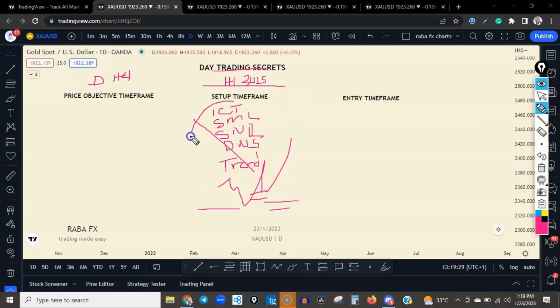Do not listen to what most SMC traders will be telling you, that trend line and support and resistance do not work. They do if you are in the right direction in terms of what the price objective is. This will work, or the chart pattern will work, like the flag pattern is going to work.